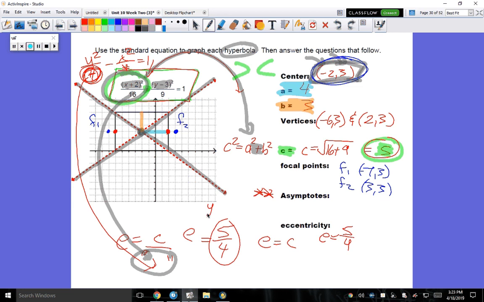And the equation comes from y minus y1 equals m times x minus x1. This is what we were looking at in Algebra 2, the point-slope formula. So let's look at this. This x and this y are in fact the center.